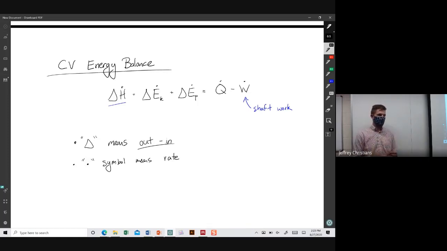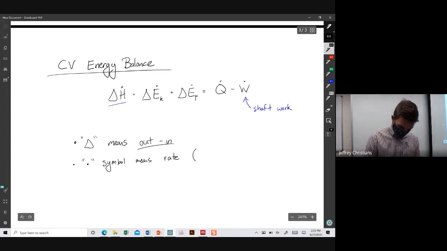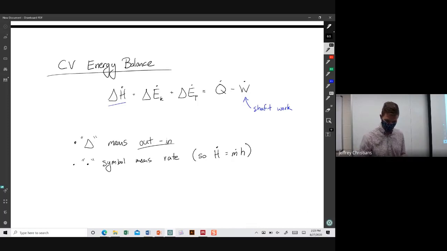So we can go back and forth between those by mass flow rate. Just as an example, the total rate equals mass flow rate times specific. So we can go back and forth between these two. We'll always use that convention though, where lowercase means specific, uppercase means total, uppercase with a dot means total rate.